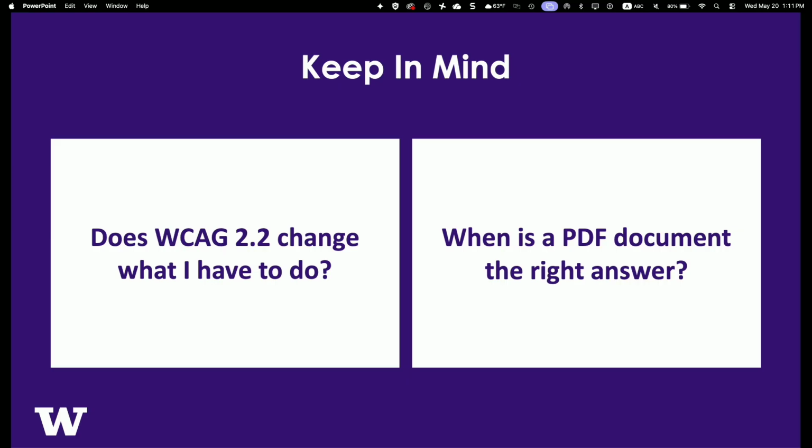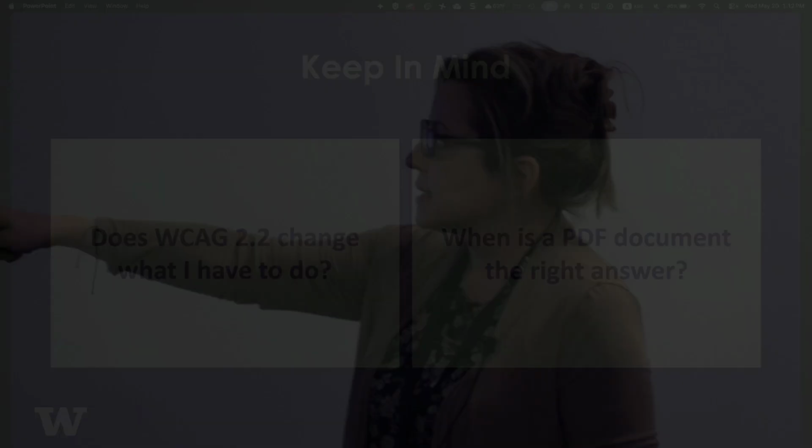So a couple of things I would like you to keep in mind are a couple of questions. Does WCAG 2.2, because even though we need to abide by 2.1, this will be coming, okay? Will that change what I have to do? And the second one is, when is a PDF document the right answer? Because, folks, PDFs are not going away in the near future. So we just have to admit that.